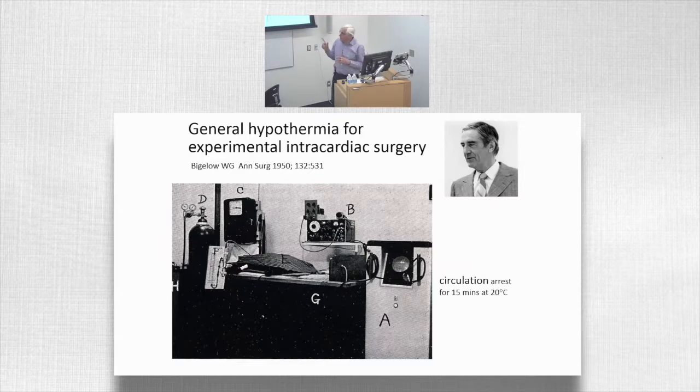But this is Bill Bigelow. Bill Bigelow was a thoracic surgeon at Toronto General Hospital, and he started doing some experiments on using hypothermia to protect the brain in the situation of circulatory rest. And this is a very crude apparatus, I suppose, by our lights nowadays, but you see here somewhere in there there's a dog, and the dog was cooled down, and then ventricular fibrillation was induced.